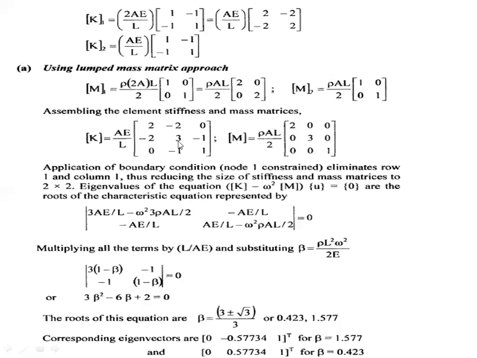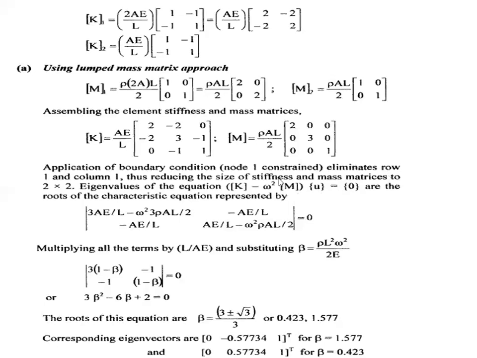So k is reduced to 2 by 2, and m is also reduced to 2 by 2. Now the modified equation will have the 2 by 2 k and the 2 by 2 m, and u is also reduced, since u1 is 0 and eliminated, so u2 and u3 are the two elements present in the displacement matrix. So (k minus omega square m) u is reduced after applying the elimination process, and that must be equal to 0.